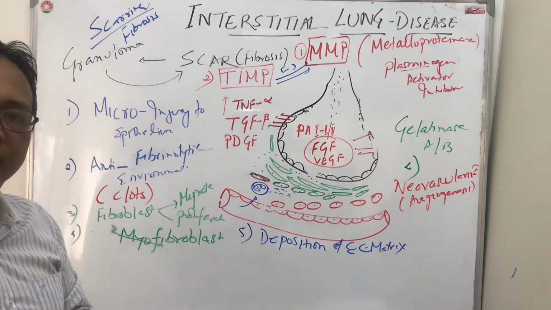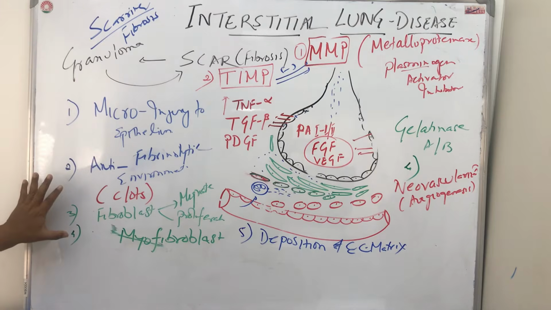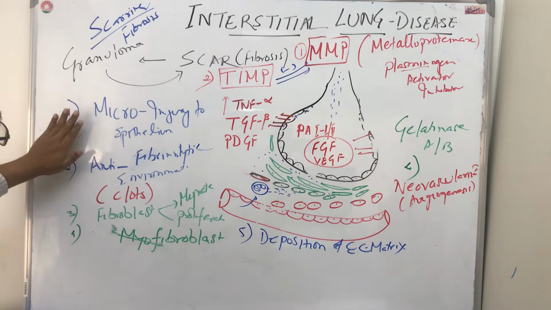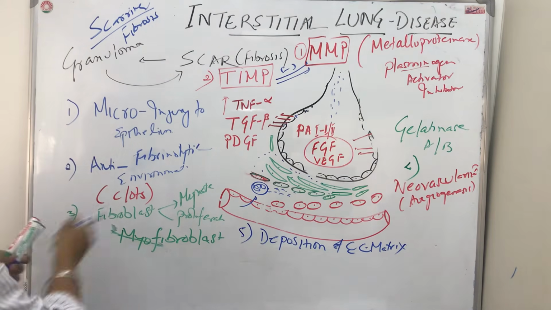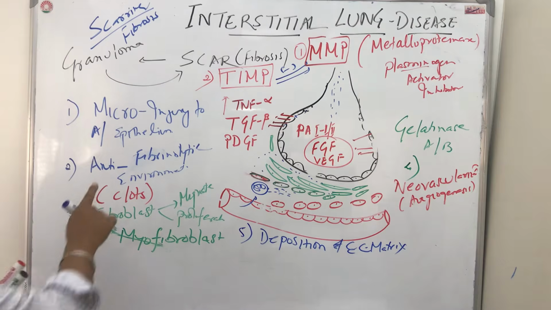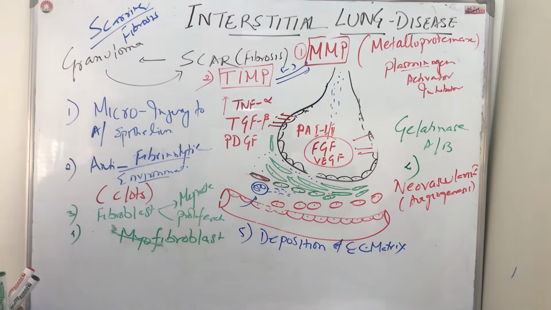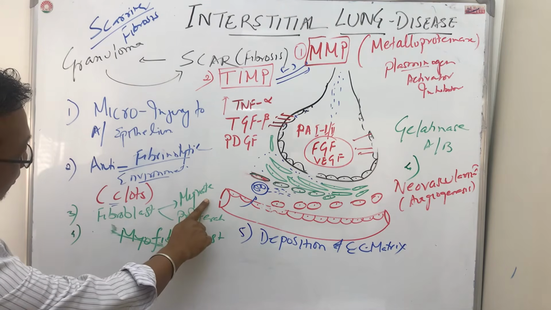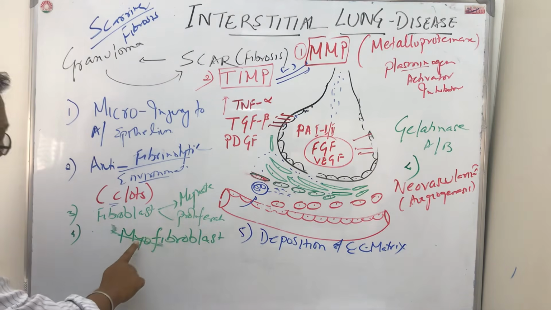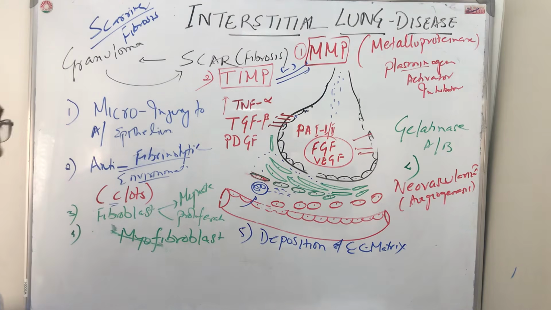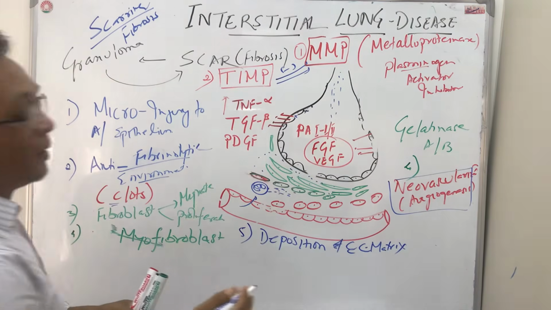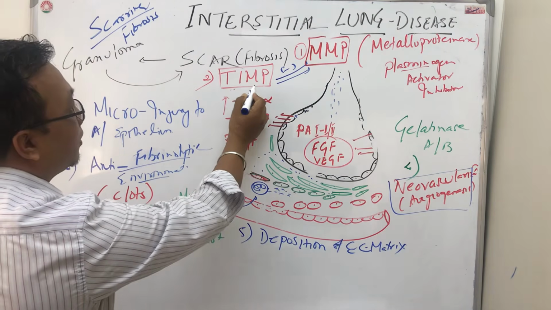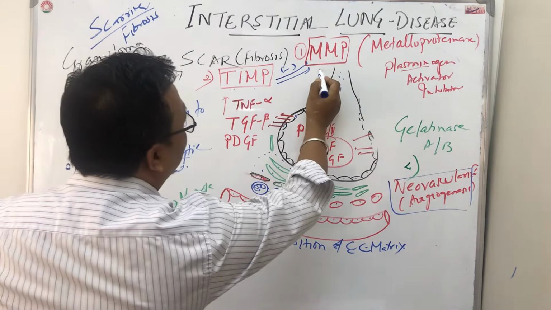So when you write interstitial lung disease in the exam, you have to write in this manner. You write in this sequence: there is start of microinjury of the epithelium, the alveolar epithelium. Then there is the antifibrinolytic environment leading to formation of multiple clots. So there is fibroblast migration and proliferation. Then formation of myofibroblasts. Side by side, you have to mention the neovascularization that takes place because of imbalance between tissue inhibitor of metalloproteinase and metalloproteinase.